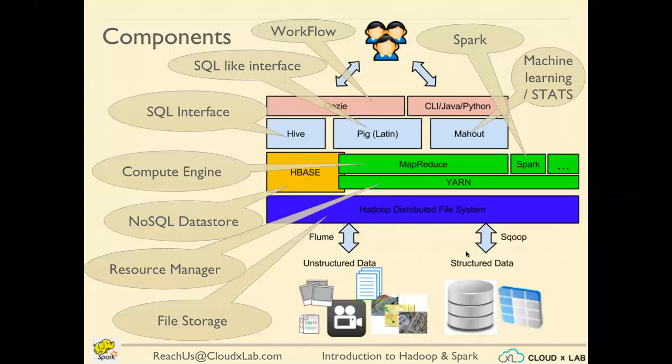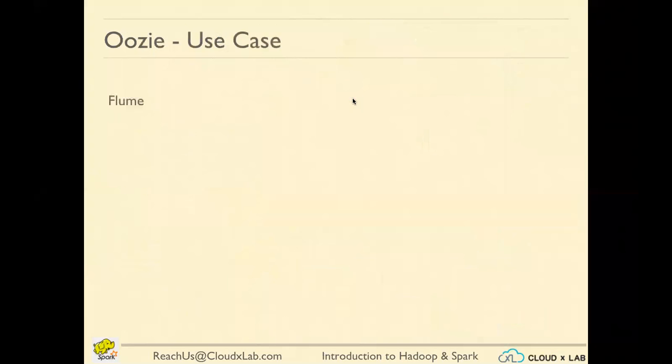In a typical project, you have many steps. So you generally tie all these steps together using a tool like Oozie. For example, in a typical project, you will have Flume. Flume is for pulling the data from various services onto HDFS. Then, after pulling the data, we use Pig for cleaning up some data.